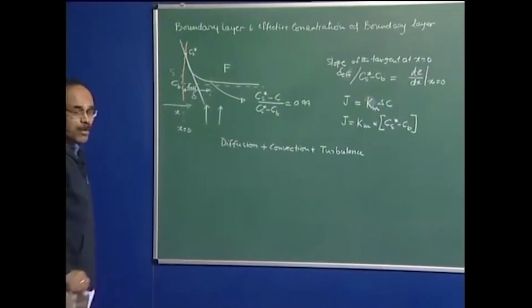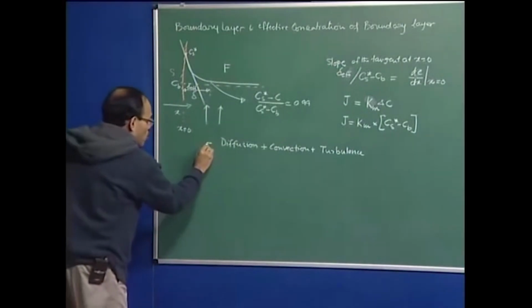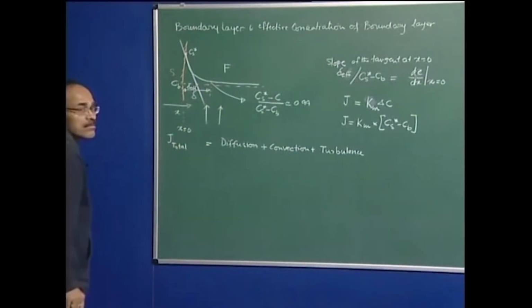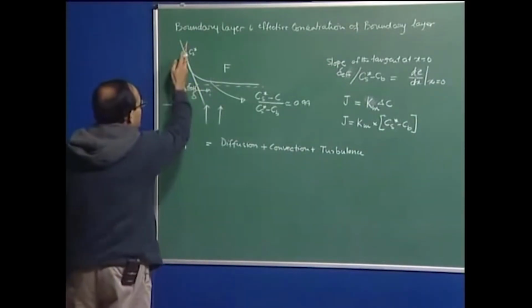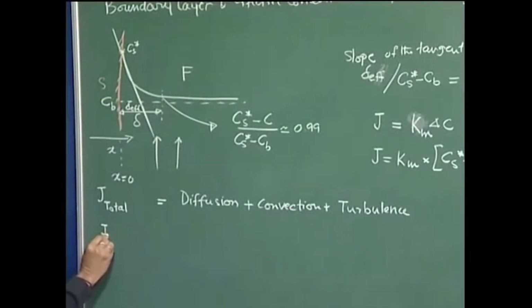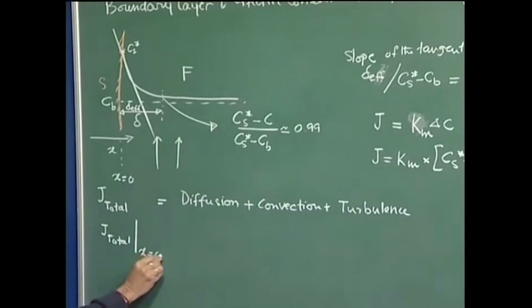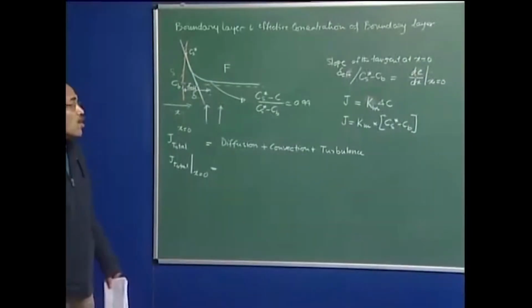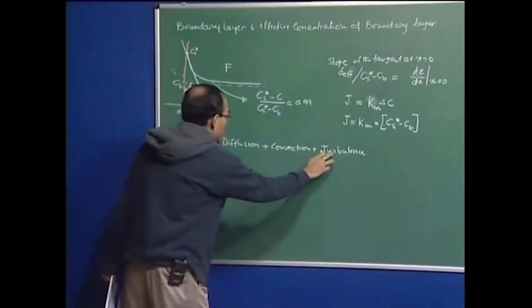Now, when you talk of mass transport, so this is the total flux J total. Now, if I say that the total mass transport from the surface J total at x equal to 0, then obviously the convection part is equal to 0, because at the surface there is no fluid flow, at the surface there is no turbulence.